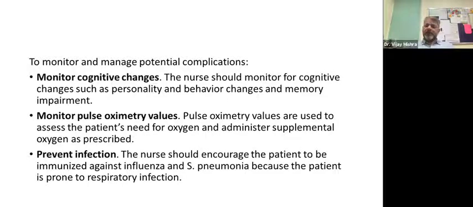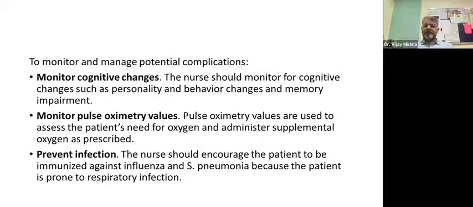To monitor and manage potential complications. So now, if we look at complications, we know if the oxygen saturation drops, the patients can end up on a ventilator, they can have secondary infection and so many things. But the thing that is usually missed is the major cognitive changes. These patients, with so much limited physical activity, are hypoxic, not able to breathe well, always tired.